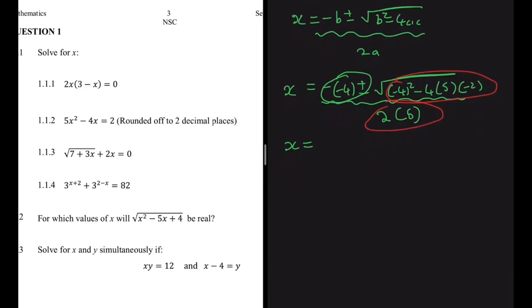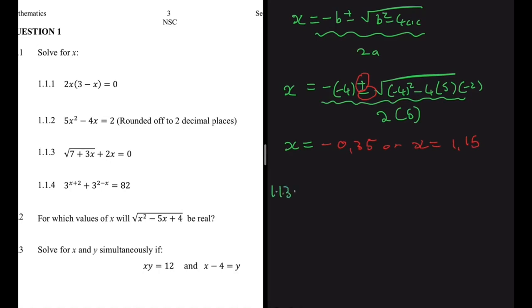So you put it in the calculator, and for the first time you put plus here, and for the second time you put minus, because it's supposed to give 2 values. If you do that, your x will be equal to minus 0.35, or your x will be equal to 1.15.